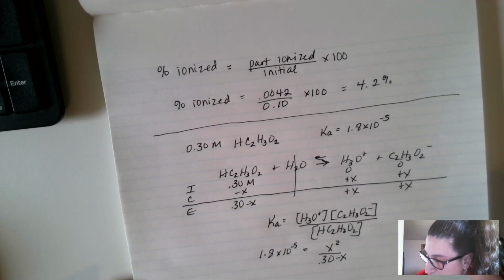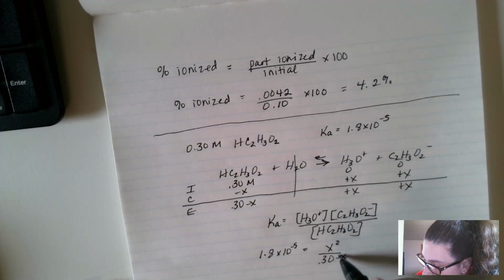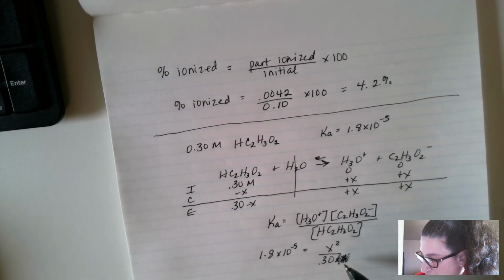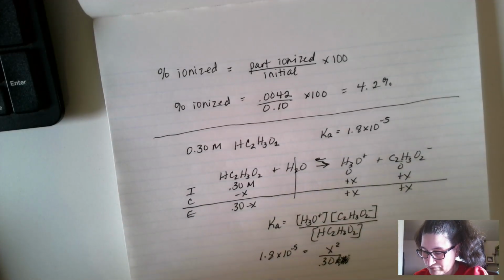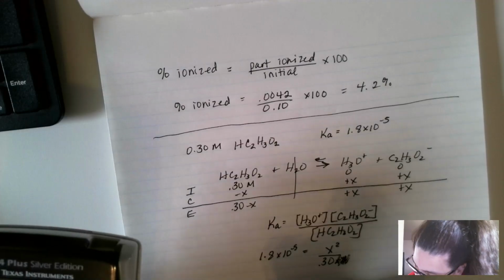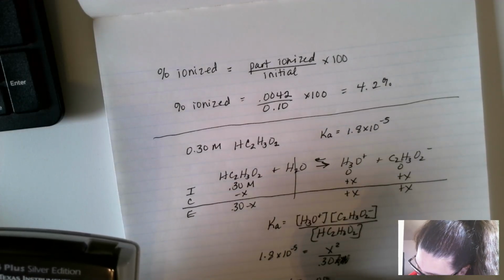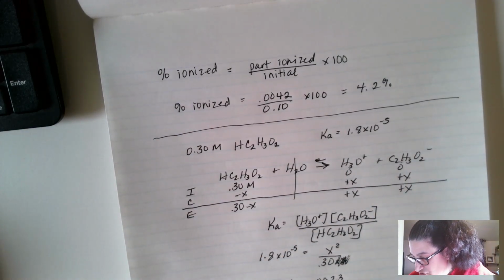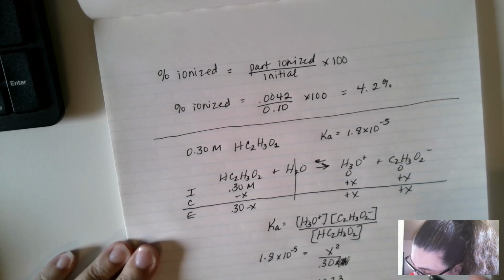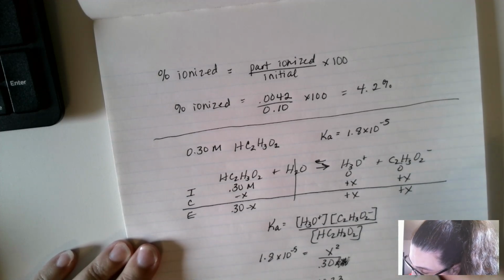Now, I don't want to do the quadratic, so we are going to make an assumption that this x, the amount that's ionized, is so small that 0.3 minus x is just 0.3. Okay, so we need to check this assumption and make sure this is small.